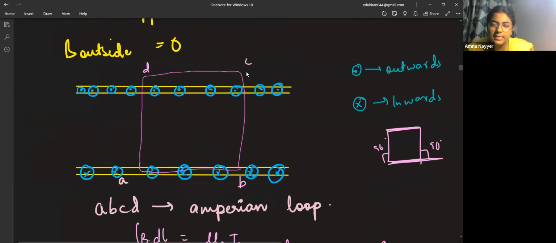For the segment CD, how much magnetic field is actually there? Just this segment CD. Do you see any magnetic field actually getting enclosed over there? Do you think any magnetic field is actually present in the segment CD? I have taken it in such a manner that we are getting some portion outside.